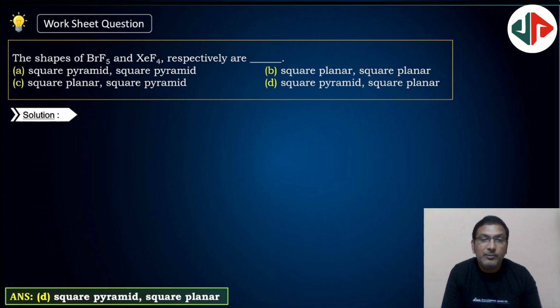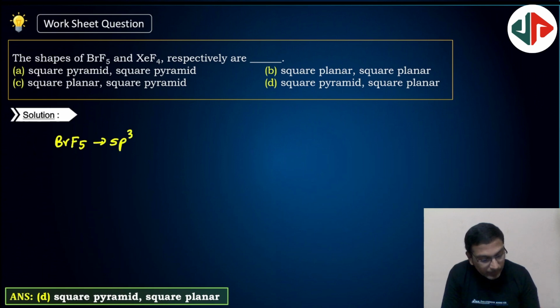The shape of BrF5 and XeF4. First BrF5, sp3d2 hybridization.